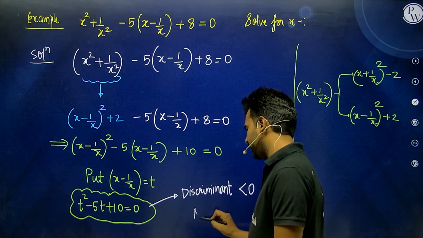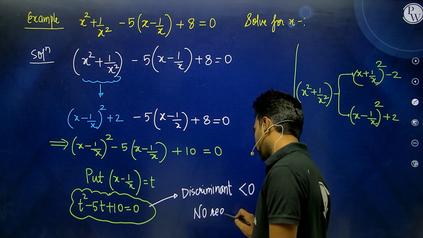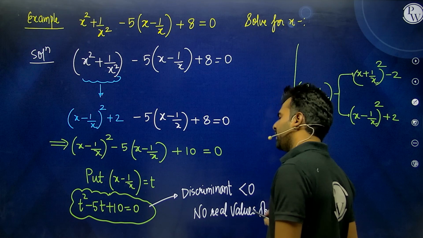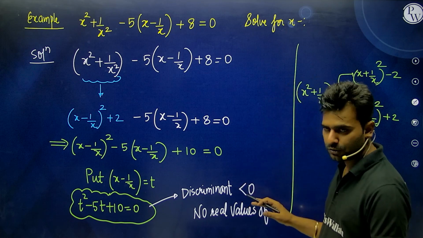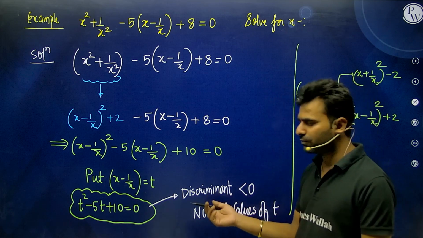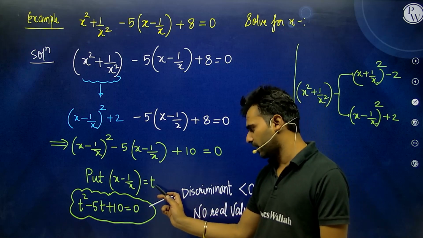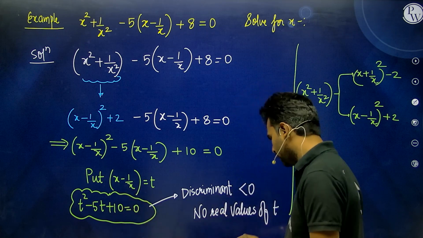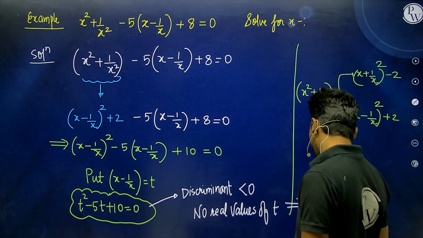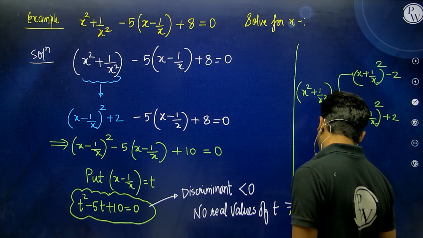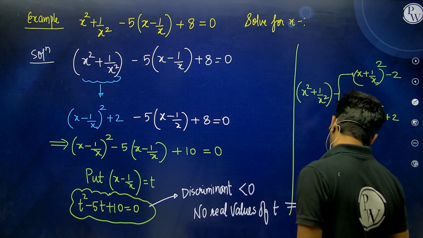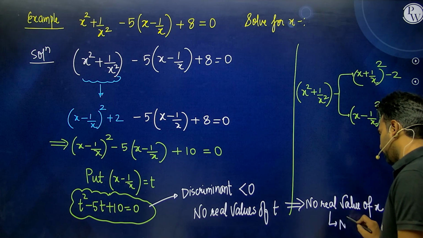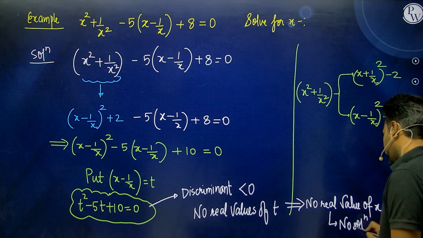And t is equal to x minus 1 by x only, so if this is not real, obviously x is not going to be real. So we can say no real value of x, that means no solution for the particular question as per this equation.